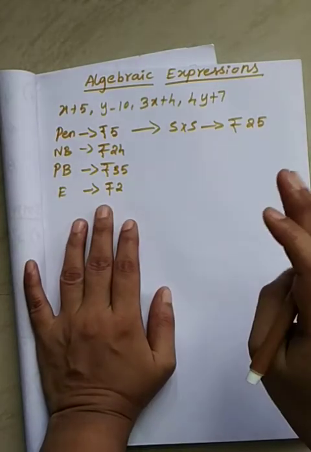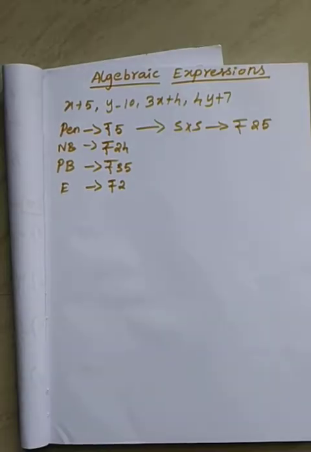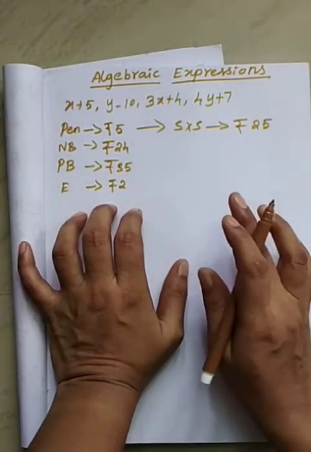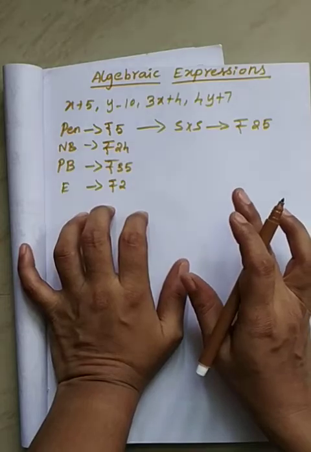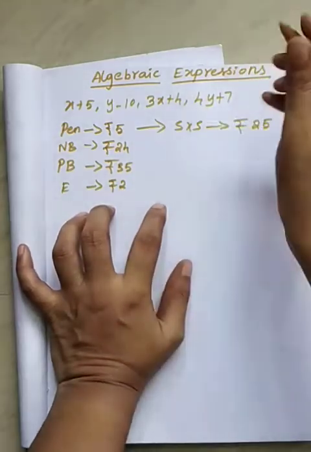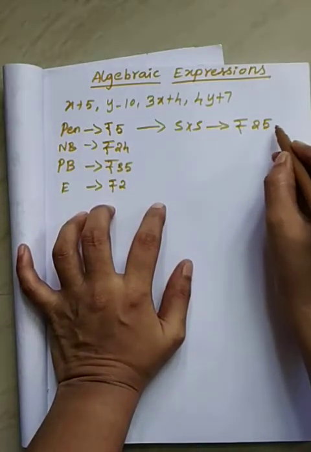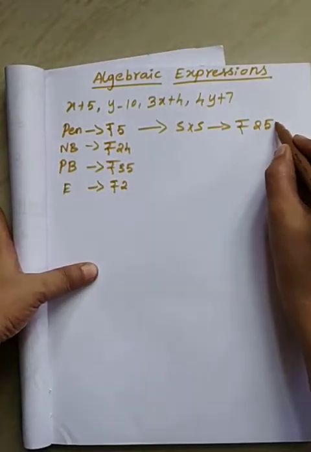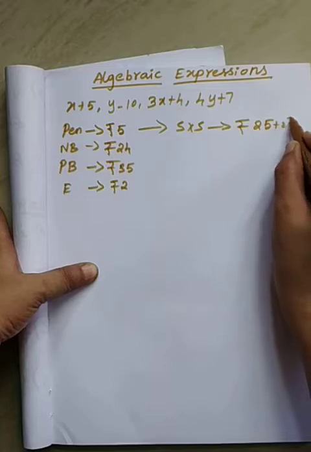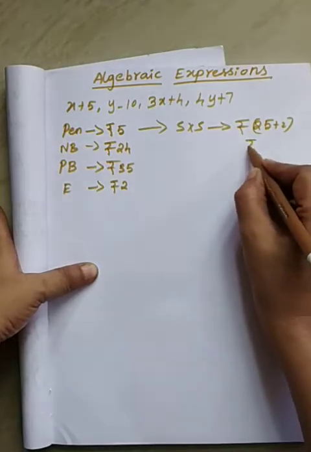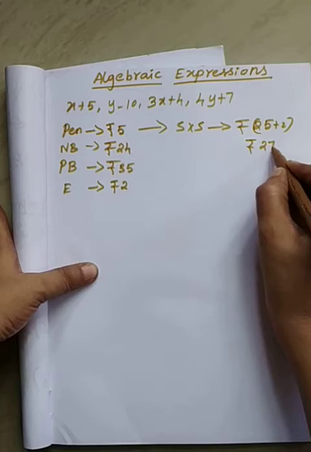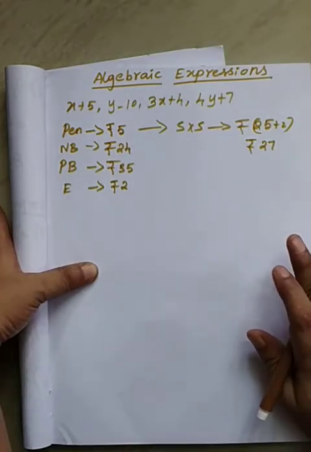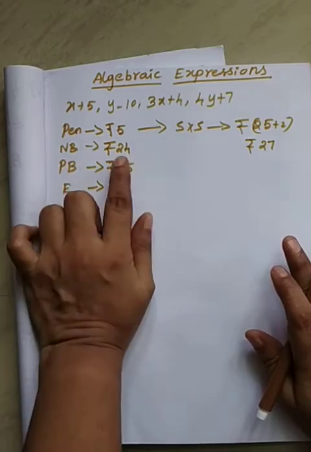If he also wants to buy 1 eraser, he has to pay rupees 2. So here 25 plus 2 is rupees 27.